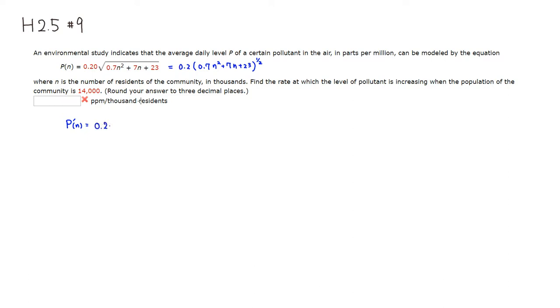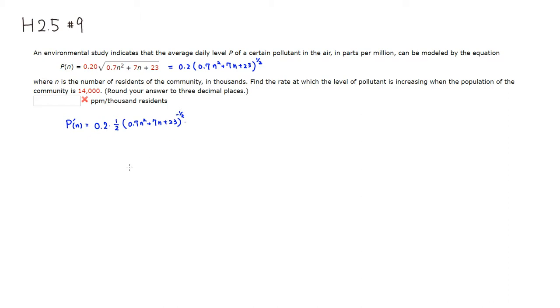For the derivative, put 1/2 in front, keep the same inside function, 0.7n squared plus 7n plus 23, then subtract 1 from the power, so it's a negative 1/2 power.